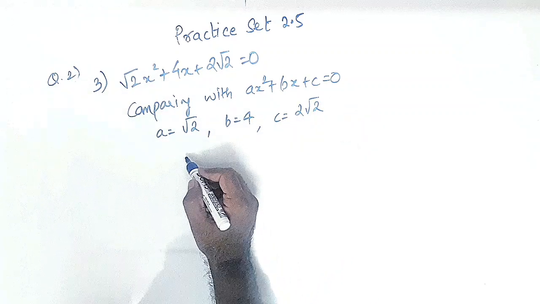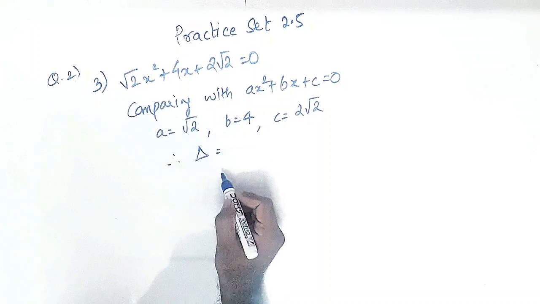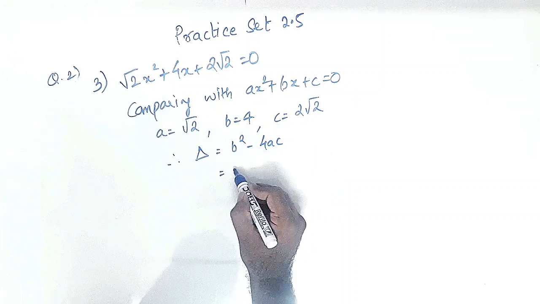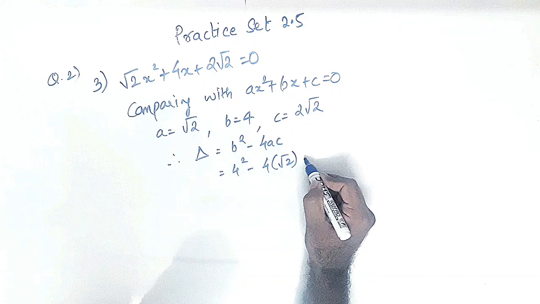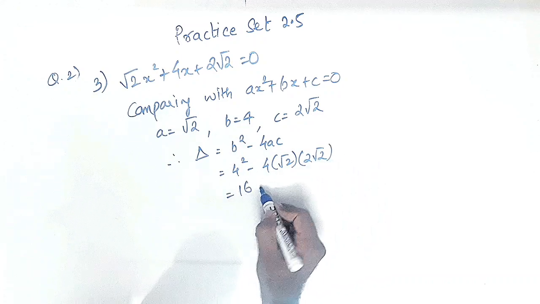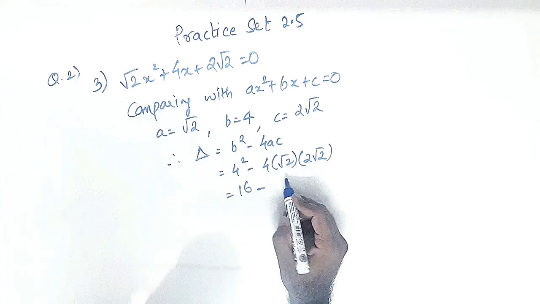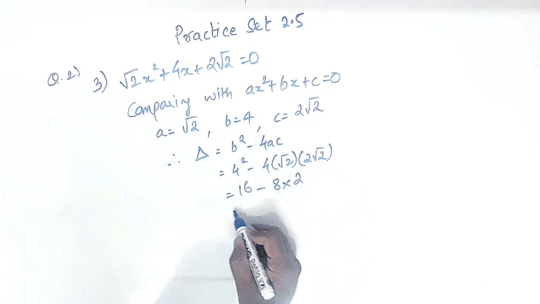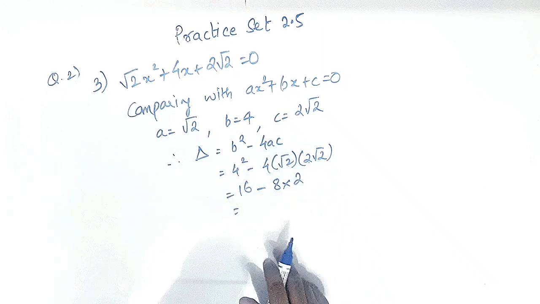Therefore the value of the discriminant is b square minus 4ac, that is 4 square minus 4 into a into c. 16 minus 4 twos are 8, 8 into root 2 into root 2 is 2. See how I am doing: 4 into 2 is 8, root 2 into root 2 is 2.